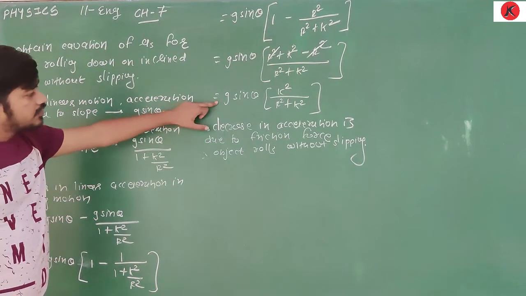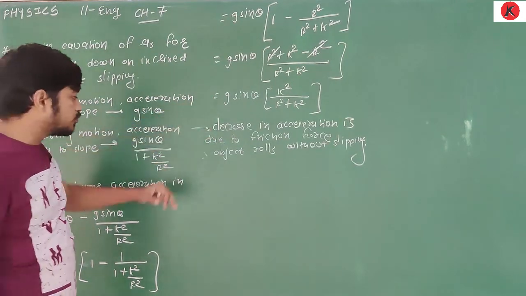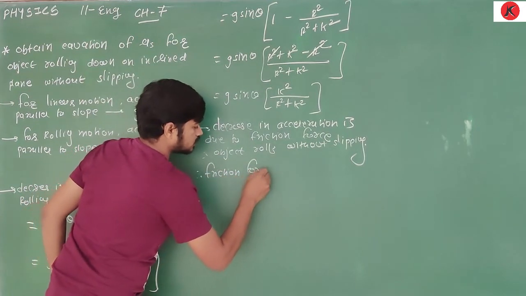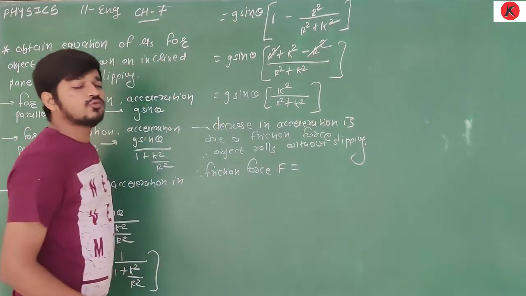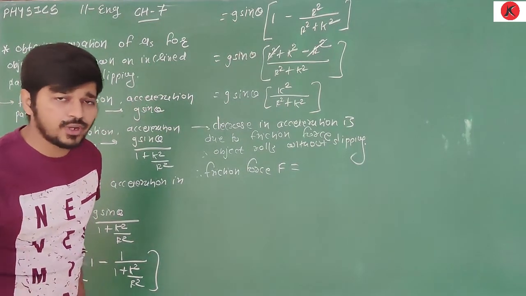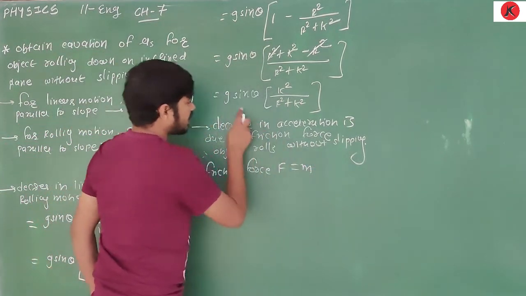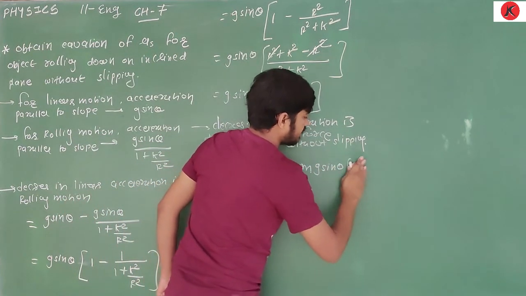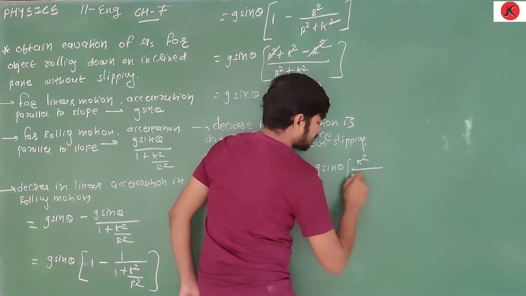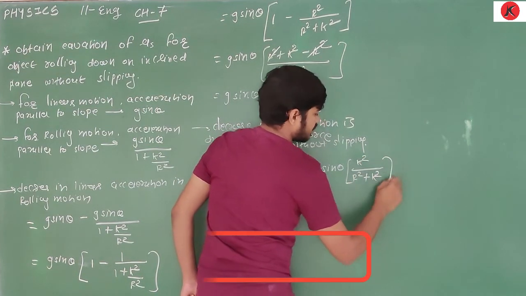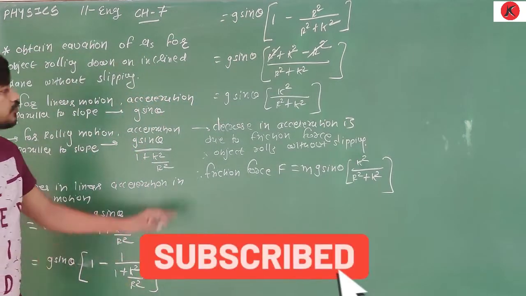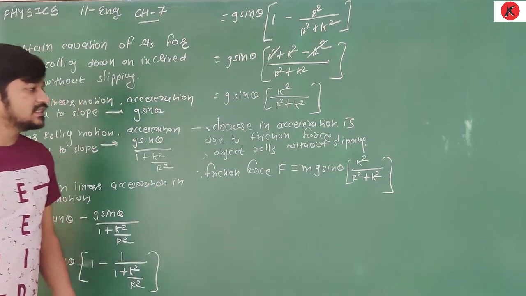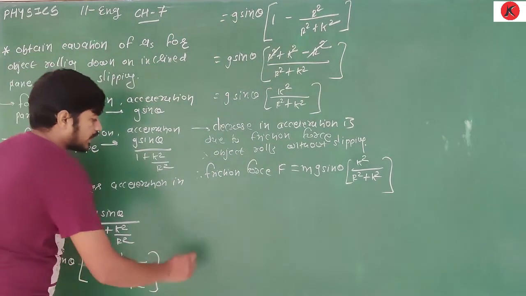Then what is the frictional force? Friction force F is equal to mass into acceleration, so I just have to multiply by mass. So friction force F is equal to mg sin theta in bracket k square upon r square plus k square.